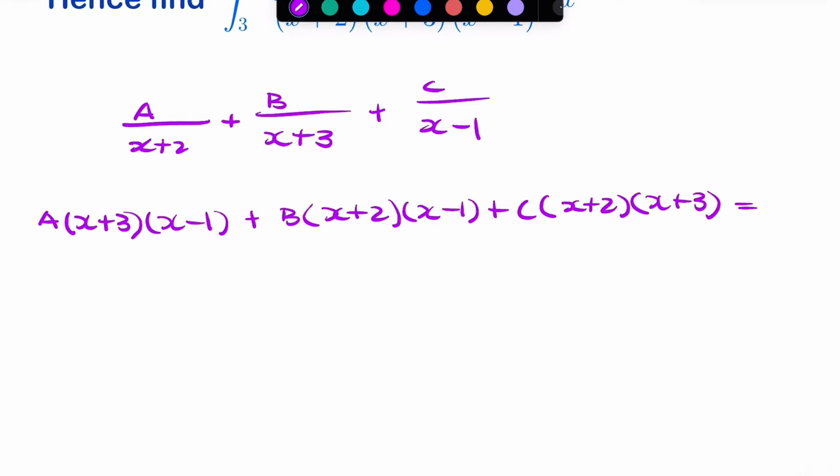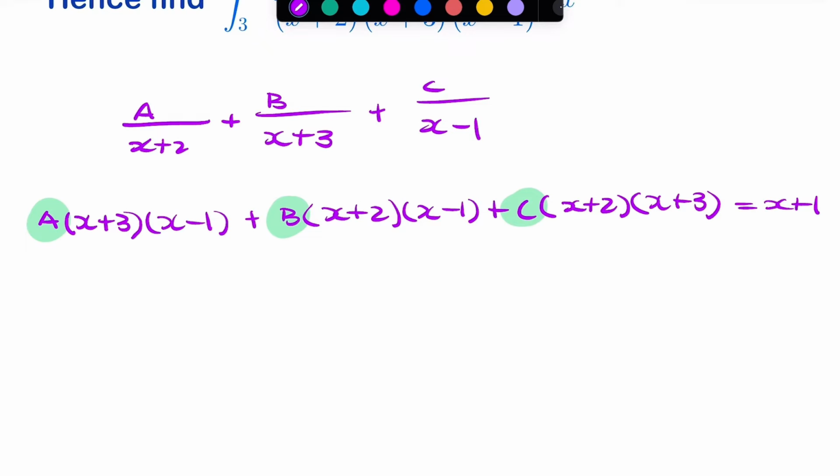So that's our expression, and we have three unknowns: a, b, and c. Well, they're not variables, they're constants, but they're unknown constants in this expression.